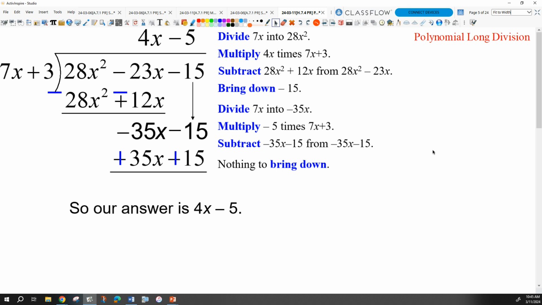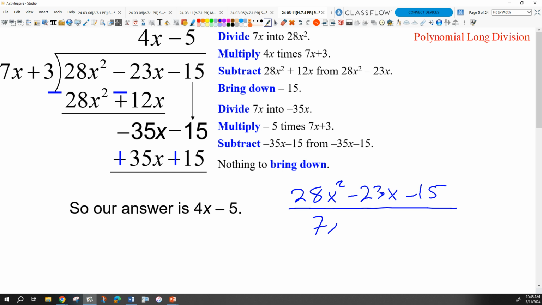Okay, so what does this mean? We wrote this using a division symbol, but if I write this as a fraction, isn't this the same thing as saying 28x squared minus 23x minus 15 divided by what? 7x plus 3 equals what? 4x minus 5.